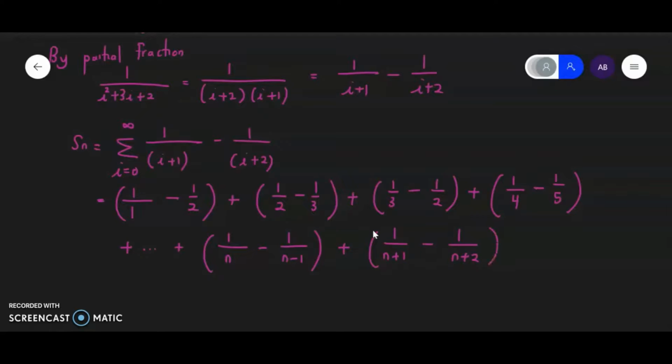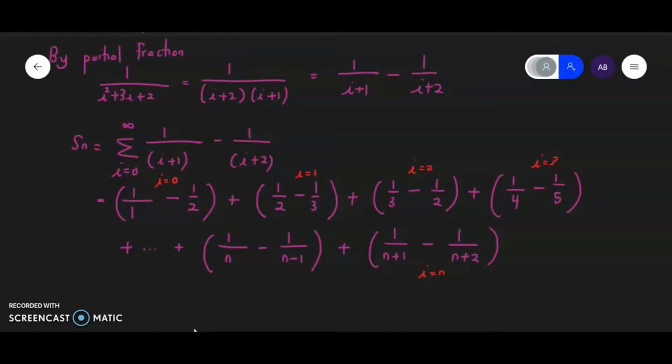Now look at it. I just want to write it down so that you don't get confused. This is i equals 0, this is i equals 1, this is i equals 2, this is i equals 3. Now this is i equals n.